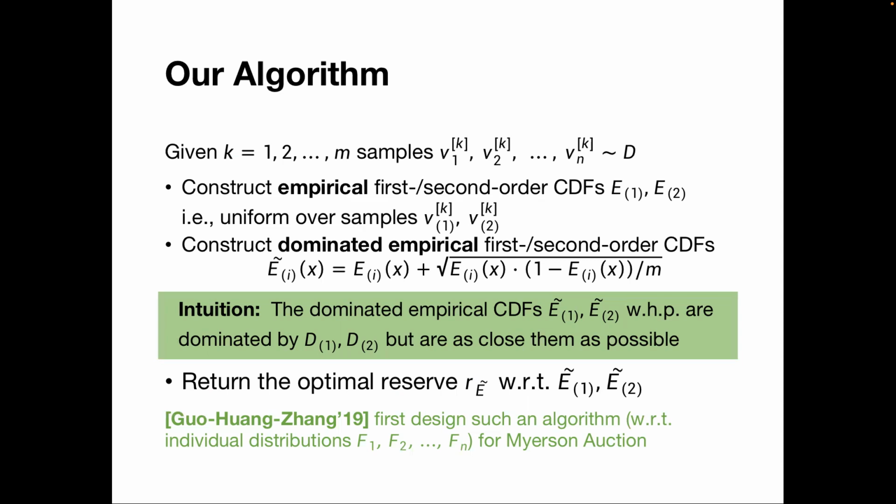and our main contribution is to show that this framework also works for second price auction with anonymous reserve. I mean, it works not only for individual distributions F1, F2 until Fn as for Myerson auction, but actually also works for some sketch of the distribution. In our case, the first order and the second order CDFs are actually some sketches of the actual samples.